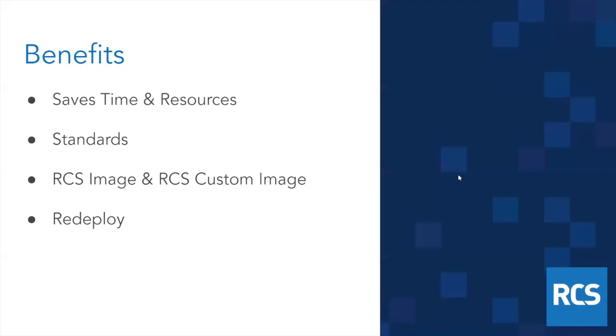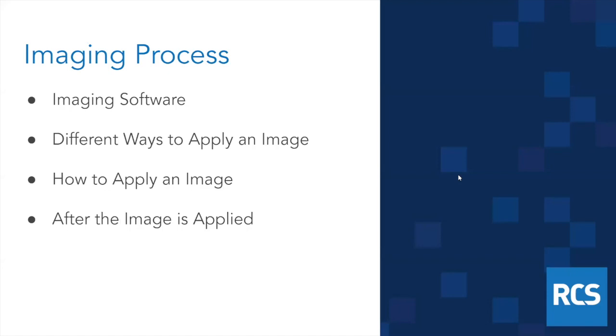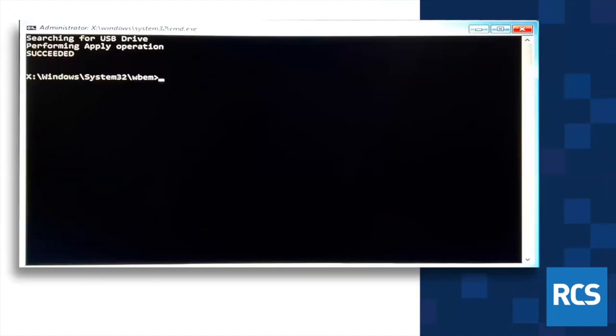When the black screen is presented at the very end, that's the signification that the image has been applied properly. At that point, you would manually power off the register, disconnect the USB drive, and power on the register.